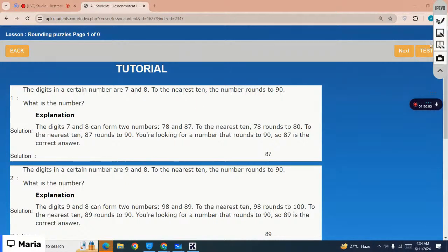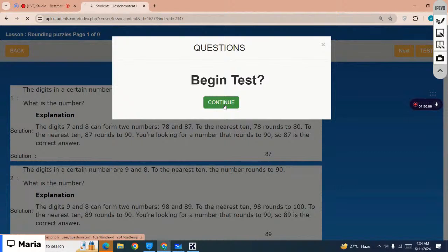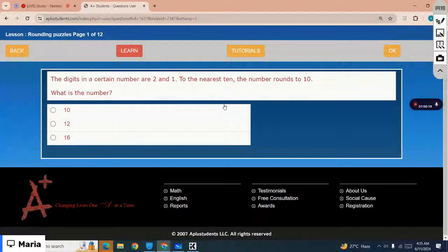Let's just start with the test questions. The digits in a certain number are 2 and 1.